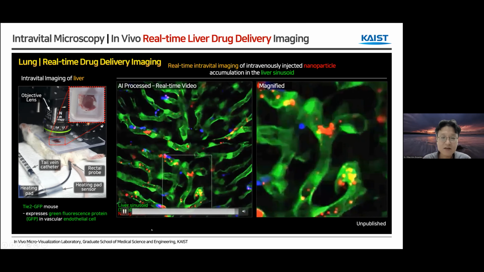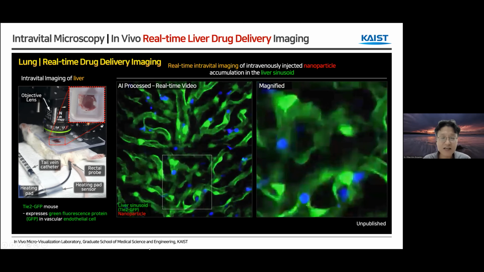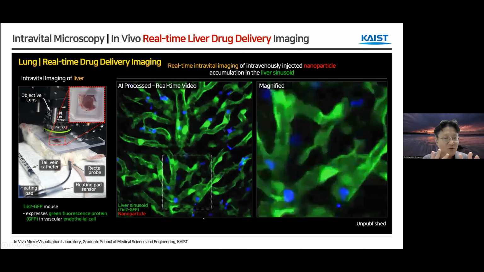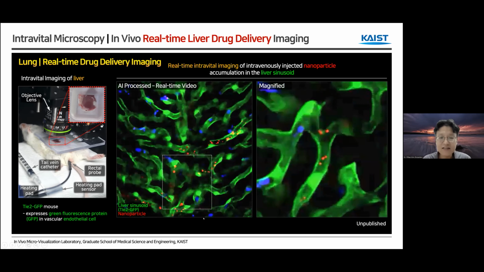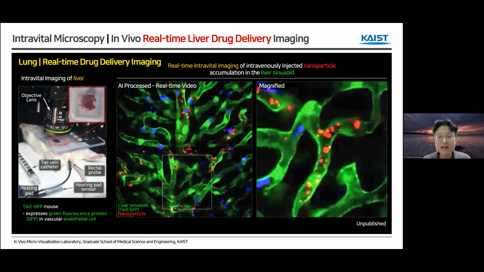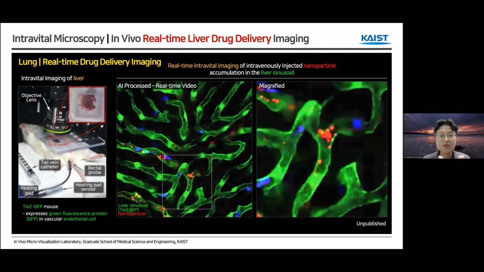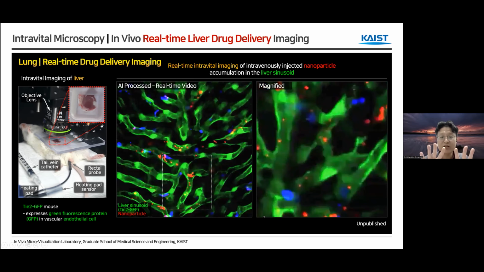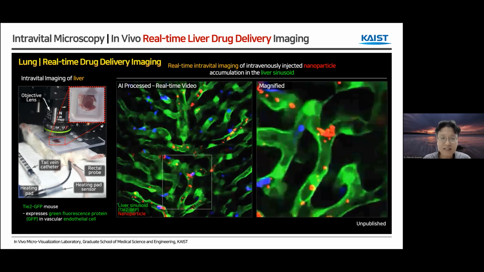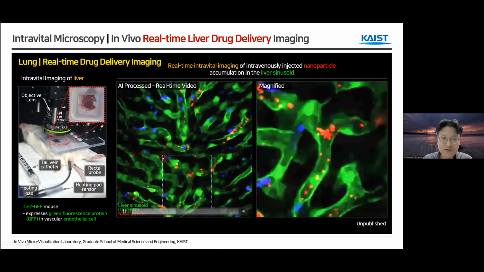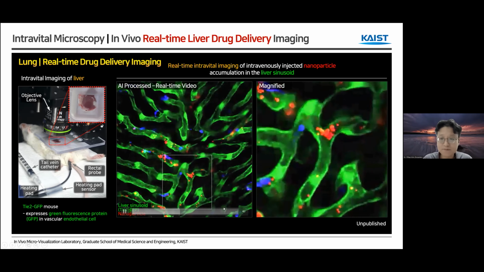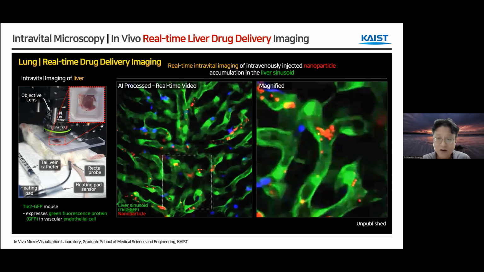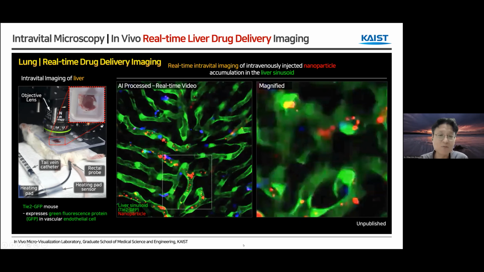When this movie starts again, this is when we inject the nanoparticle. After around 10 seconds, this fluorescently labeled nanoparticle flows through the liver sinusoid vessel. And then they quickly accumulate in a certain area inside the liver sinusoid, as you can see in this video. And we can easily distinguish the single flowing nanoparticle inside the vessel.